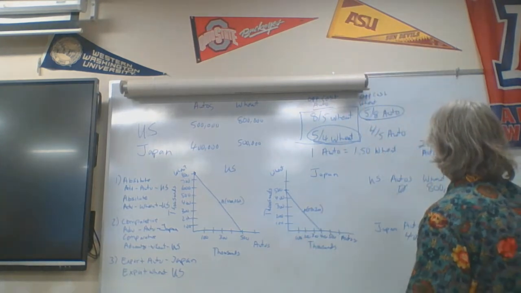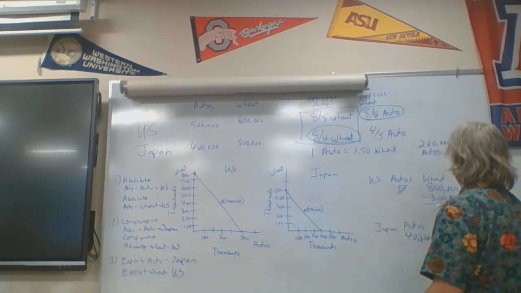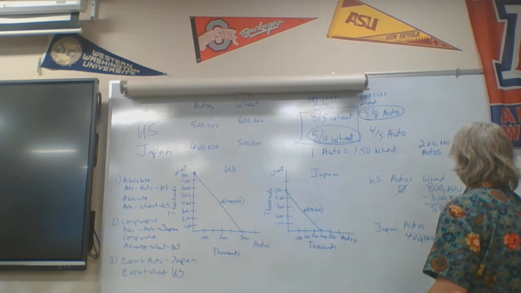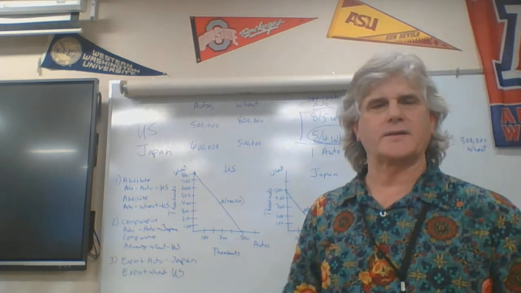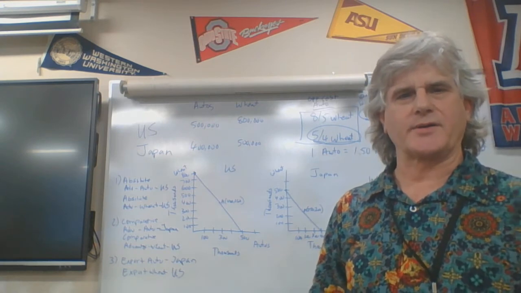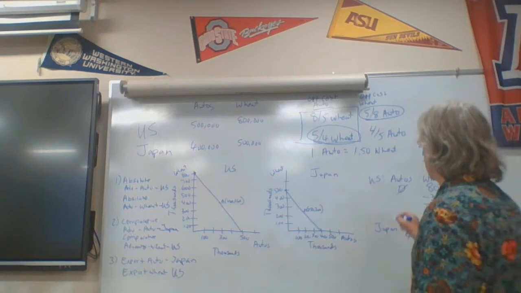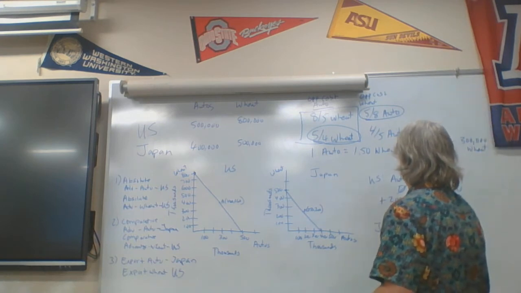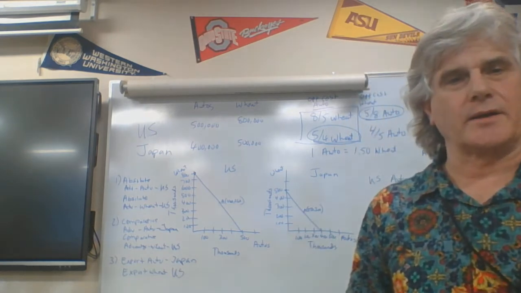So we're now going to take minus 300,000 wheat. U.S. makes 800,000 in wheat. They subtract 300,000 in their trade, so they're left with 500,000 in wheat. But the big but is they get 200,000 automobiles.